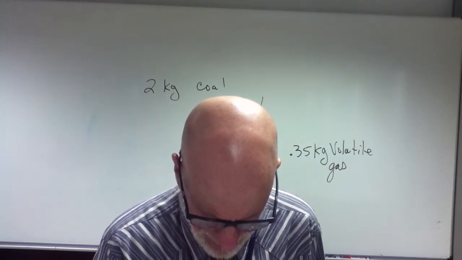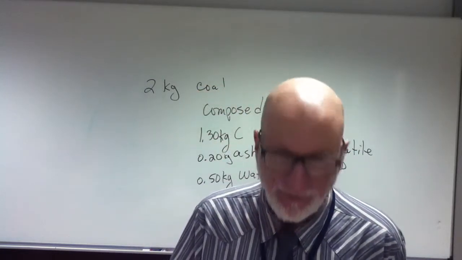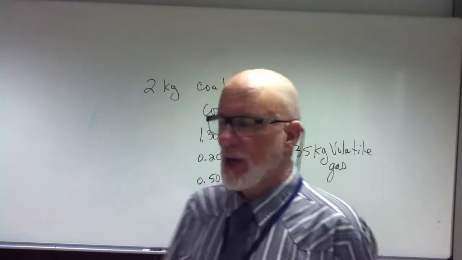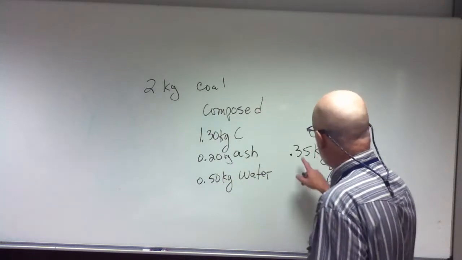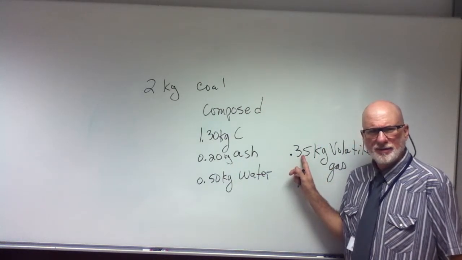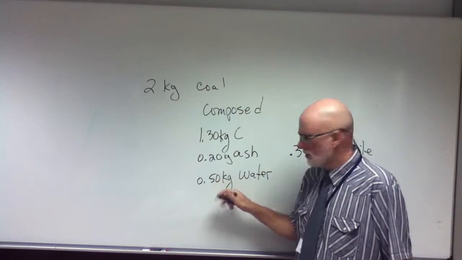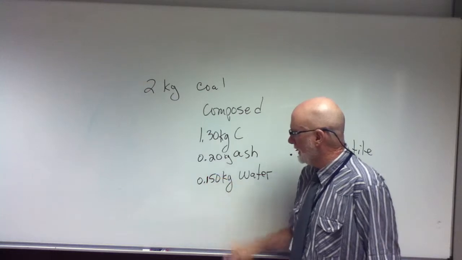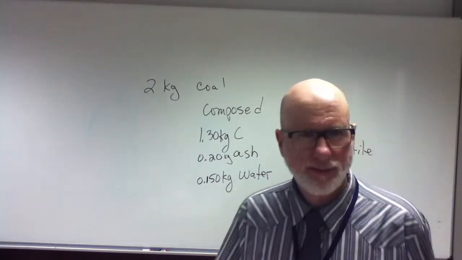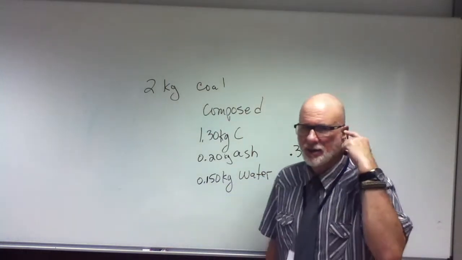No, that's what it says. Okay, anyway, it doesn't matter. So, is that 0.35 or 0.15? Water is 0.15. Okay, that helps a lot. Thank you. You may have said that, I just didn't hear it correctly.